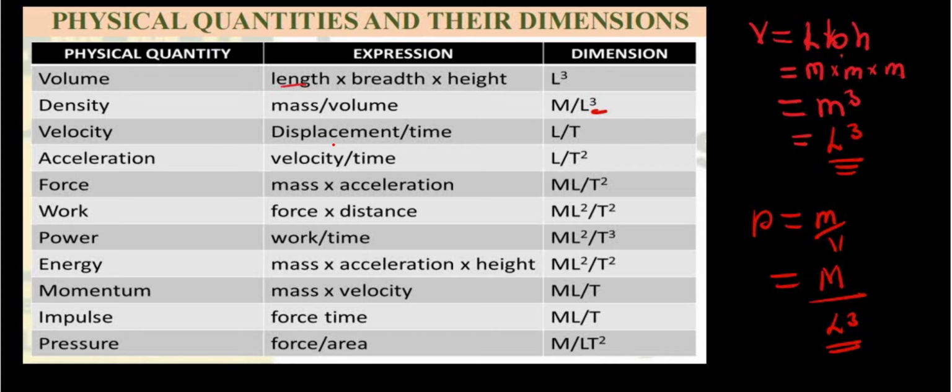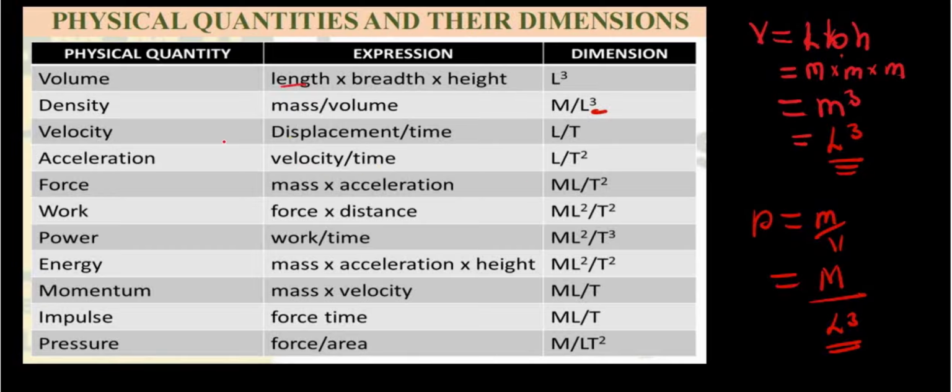Even velocity is displacement over time. Displacement is measured in meters, which is length, so the dimension is L. Time is T. How about the acceleration? The acceleration is the velocity over time.